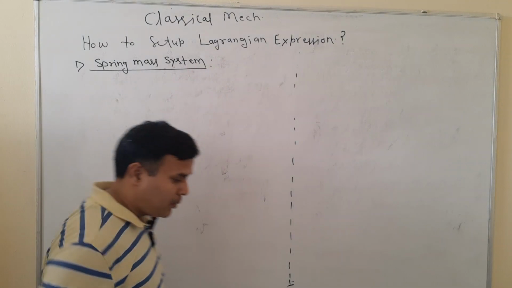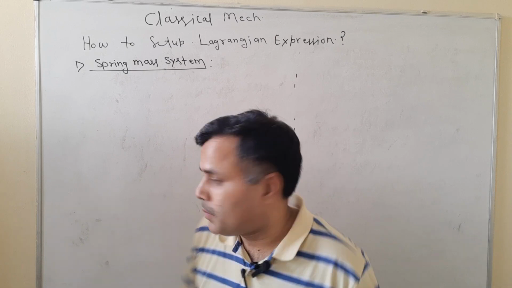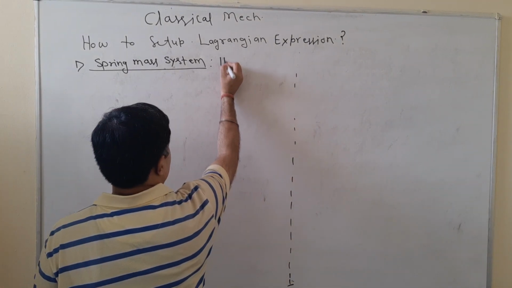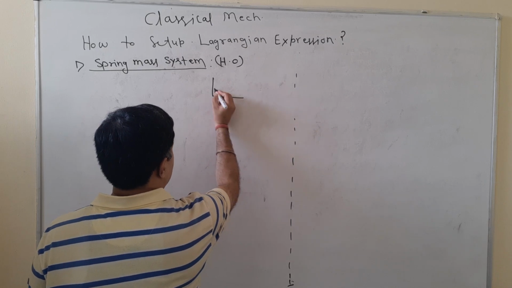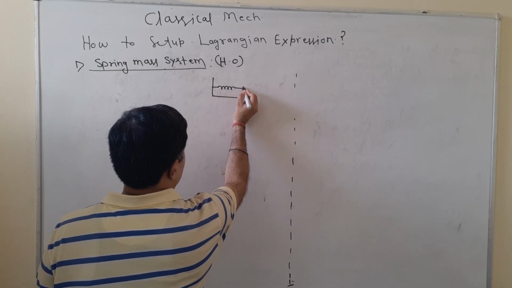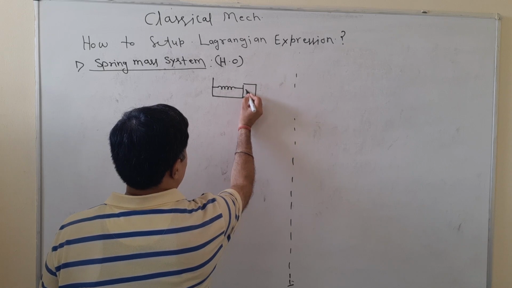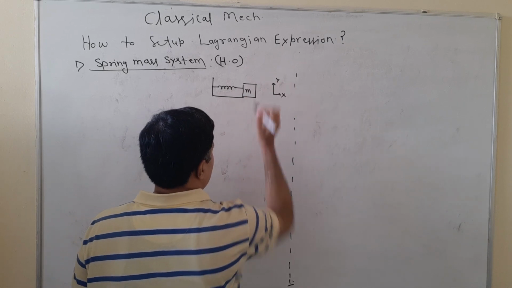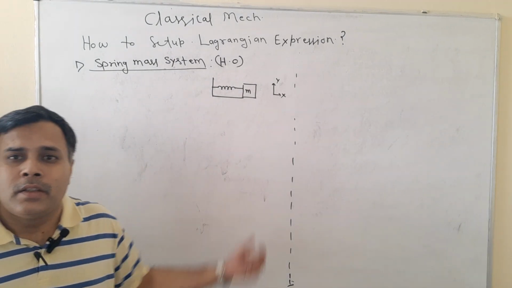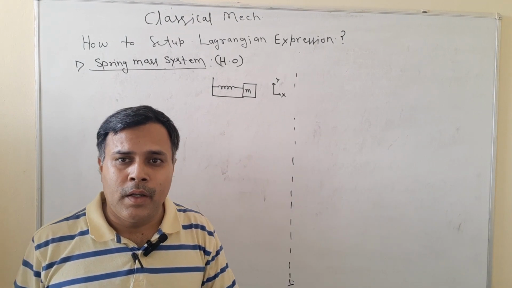This is a very famous system, also known as harmonic oscillator. The schematic is this, and let's say this is the x direction and this is the y direction.